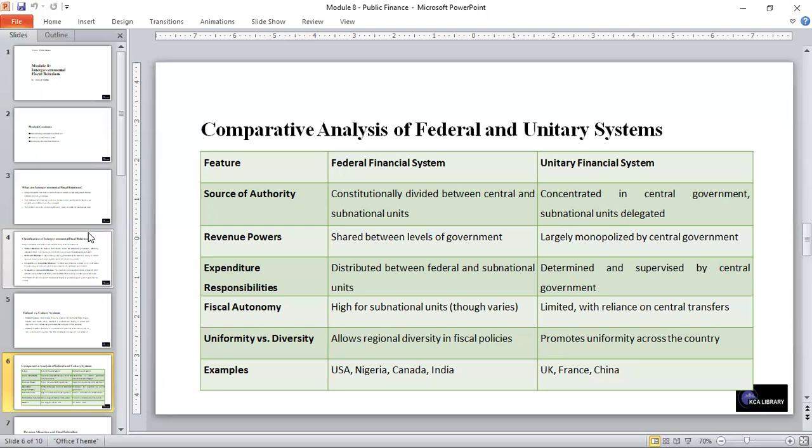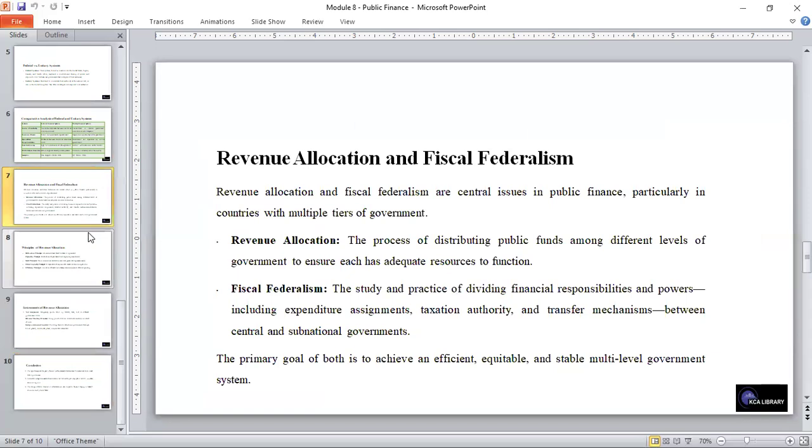It is just about the central government because it is unitary, one system of government. For fiscal autonomy, it's limited, with reliance on central transfers. And it promotes uniformity across the country. Examples are the United Kingdom, France, China, and some others.